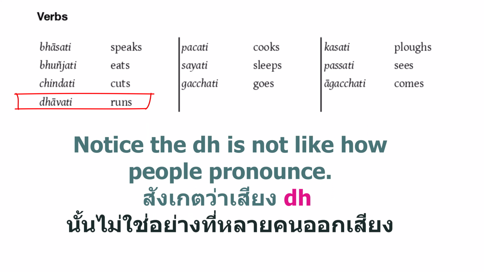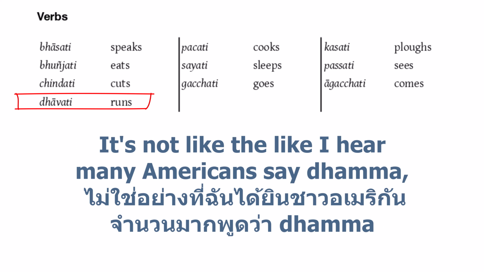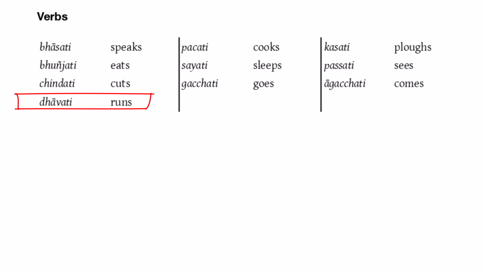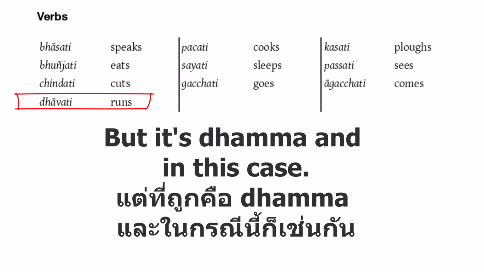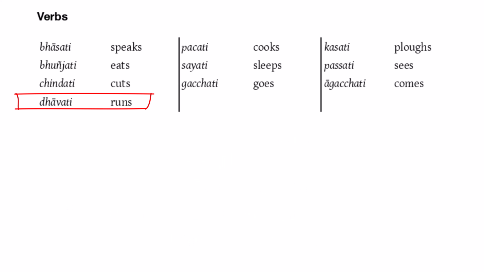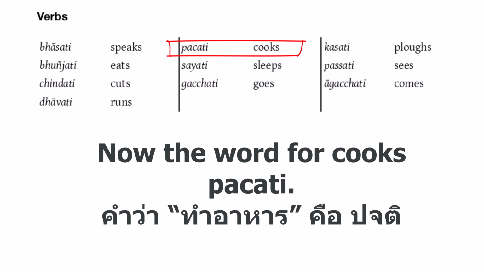Notice the DH is not like, how do people pronounce it? It's not like I hear many Americans say dhamma. Not correct. But it's dhamma. And in this case, Dhavati. The D was a little puff of air. Davati.